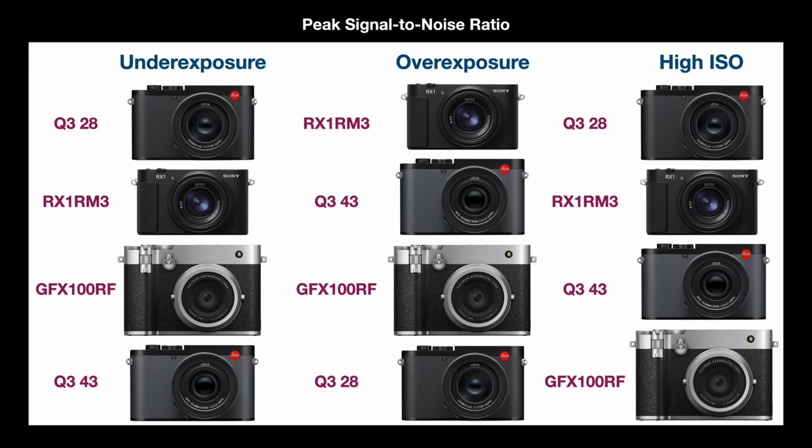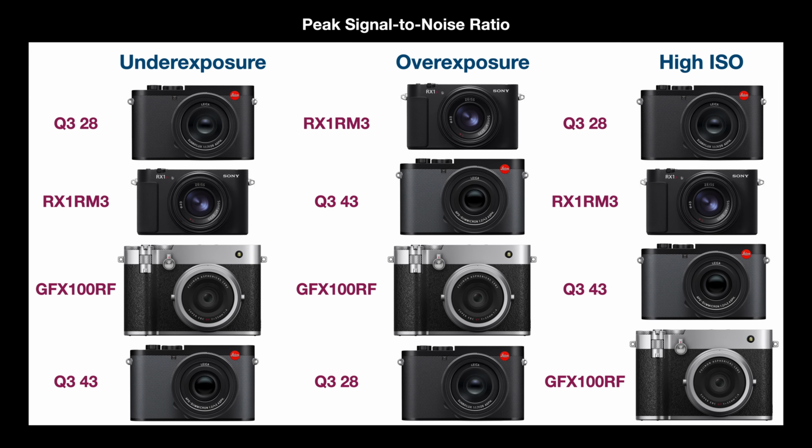And on the ranking underexposure, we have the Q328 ranking number 1, then the Sony again. And I will come back to this, but make that statement already here. I'm so surprised by the absolutely top performance of the tiny little Sony RX1R Mark III. Then third in the underexposure category is the Fuji medium format camera, and then last is the Q343.